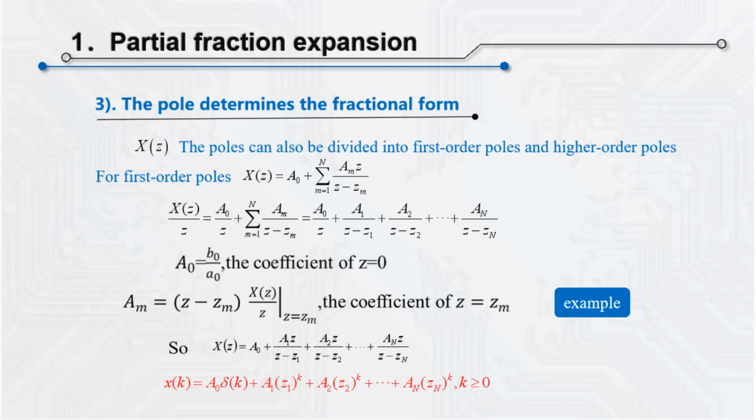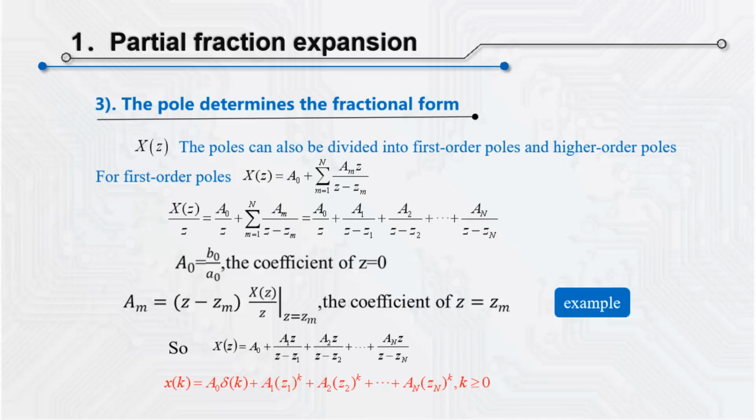Then in the process of inverse Z transformation, its form has a lot to do with the poles. In other words, the pole determines the form of partial fraction expansion. For X of z, its poles are also divided into first-order poles and higher-order poles. First, let's analyze the condition of the first-order pole.